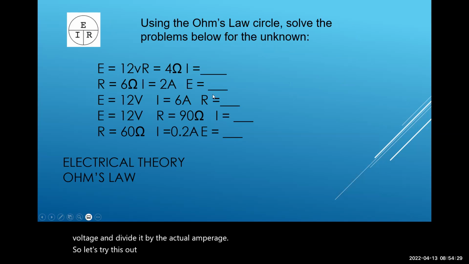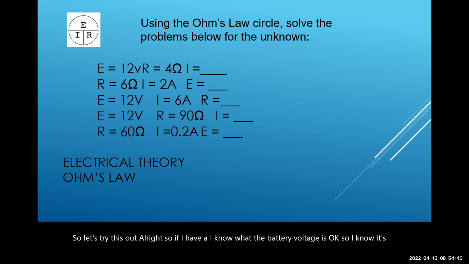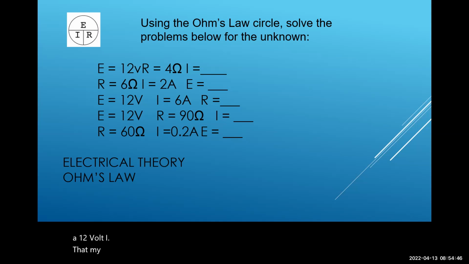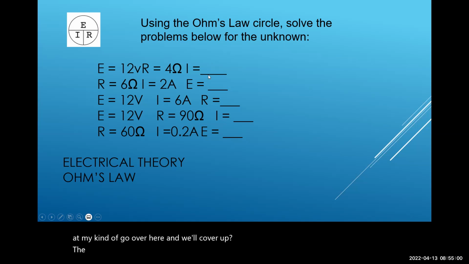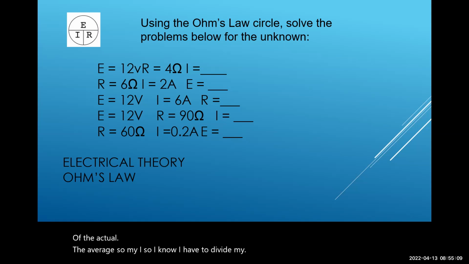If I know what the battery voltage is, a 12 volt, and I know what my resistance is, then what do I have to do? If I cover up the amperage, the I, I know I have to divide my resistance into my voltage.